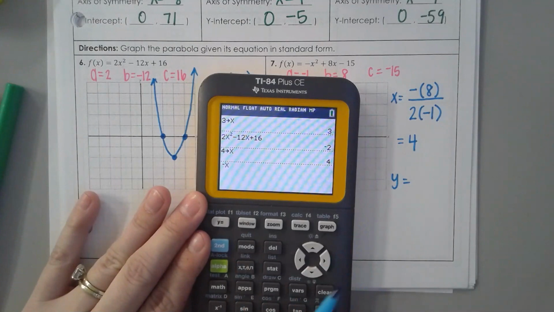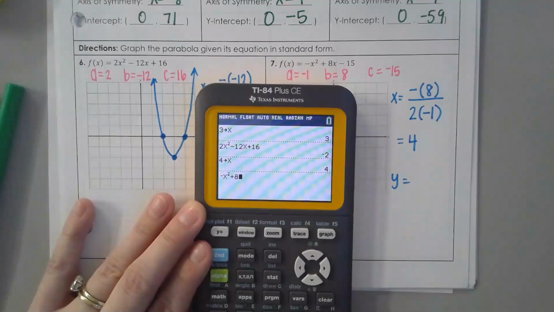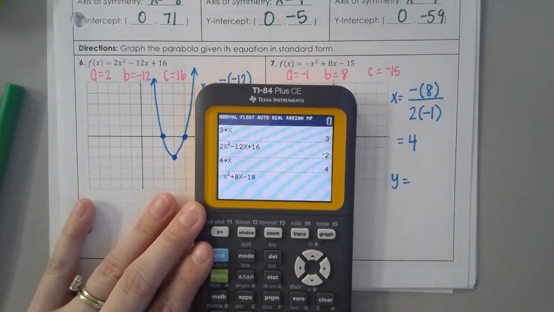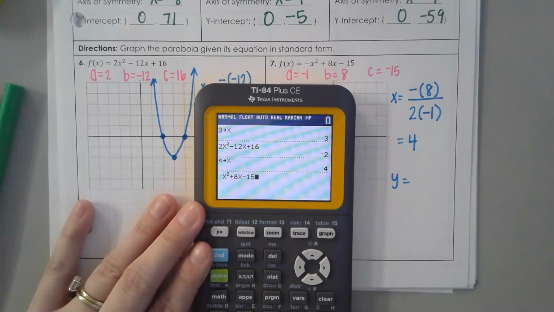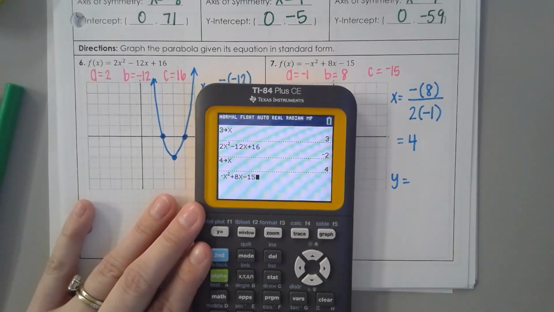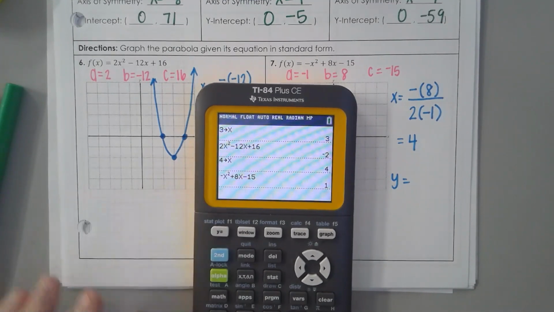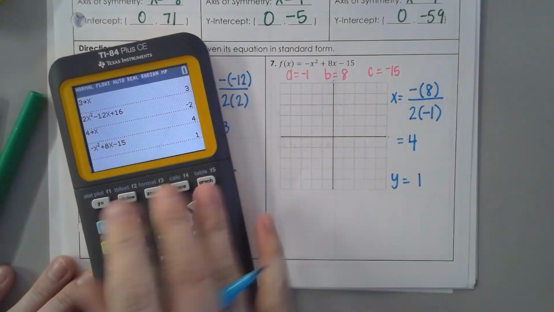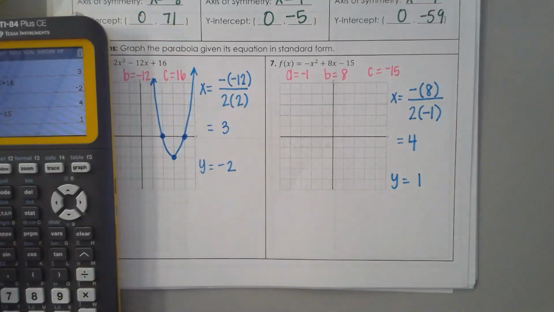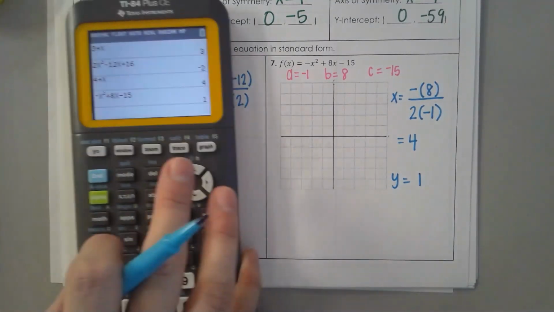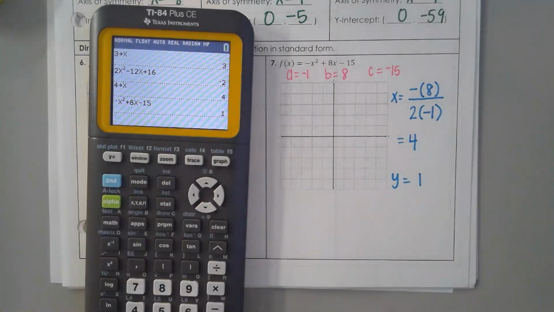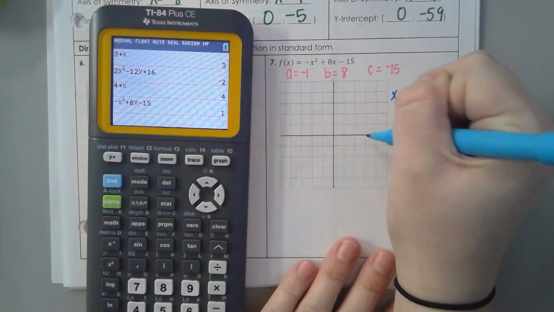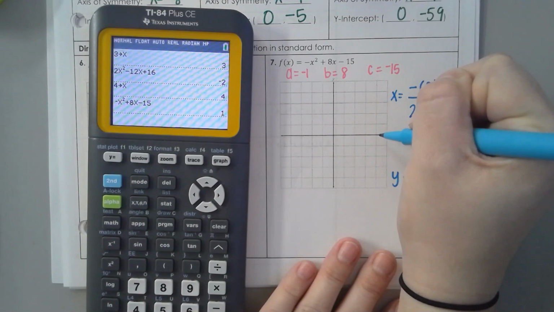Negative x squared plus 8x minus 15. And that gives you 1. Oh, put your calculator back. So you have a vertex at the point 4, 1.